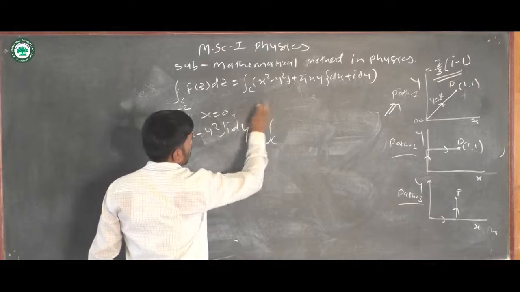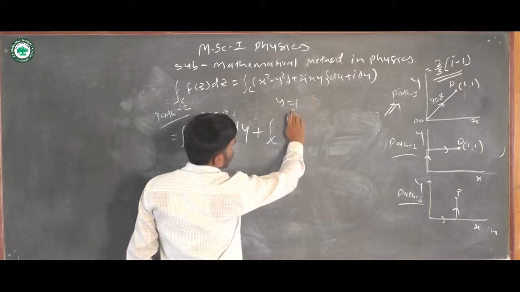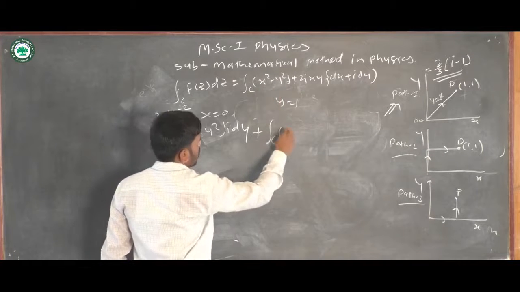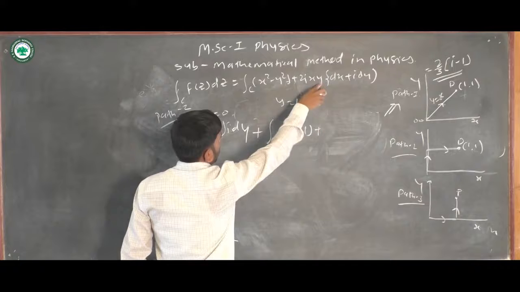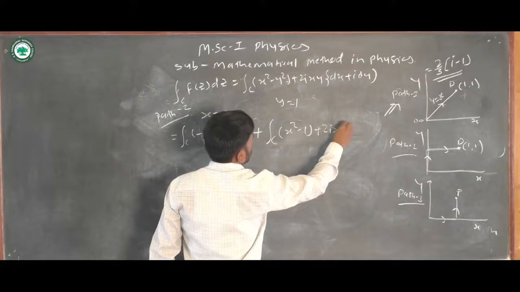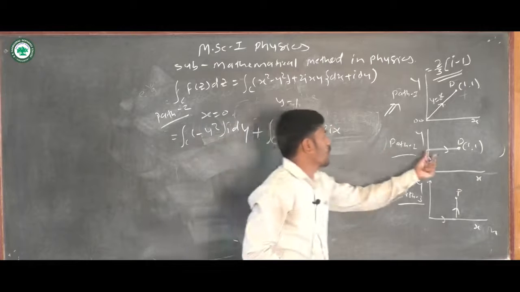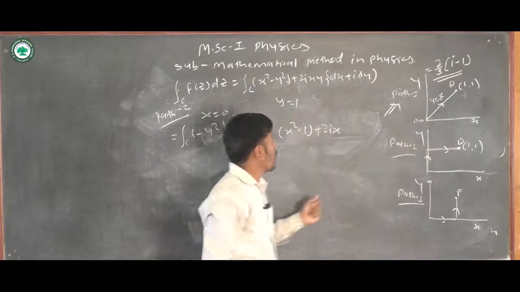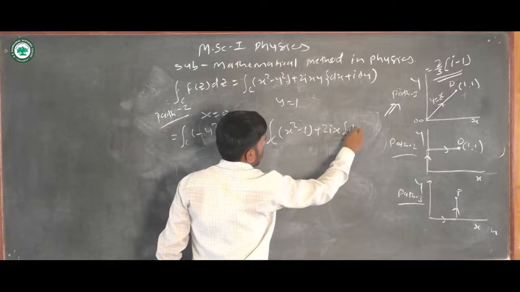For this case I consider y equal to 1, a different thing, so don't confuse. Y is equal to 1 and x is a variable, so this is x square minus 1, plus 2ix, and here y is a constant. If we take the derivative of y, it is equal to 0, so this term is 0, so just multiply with the dx.